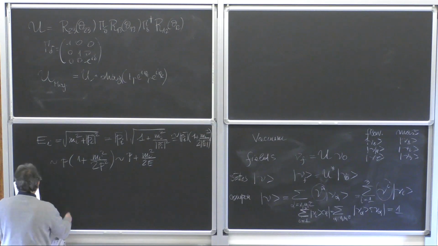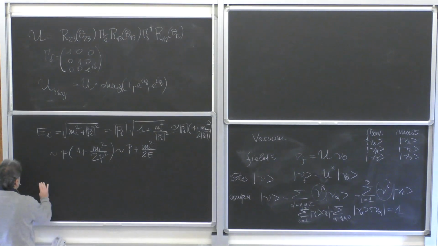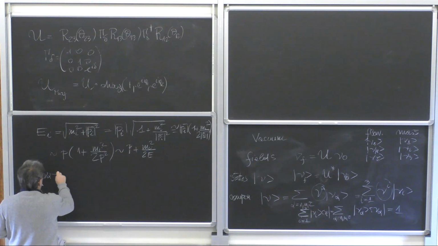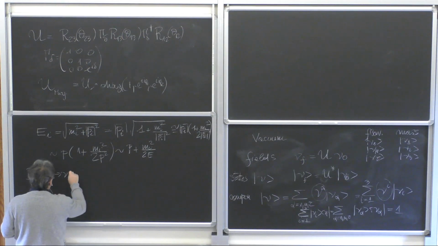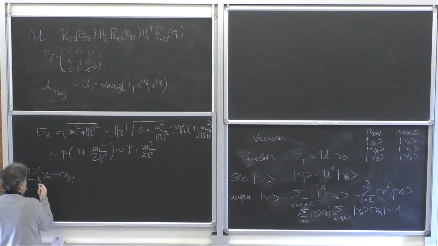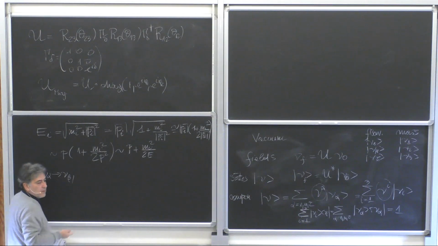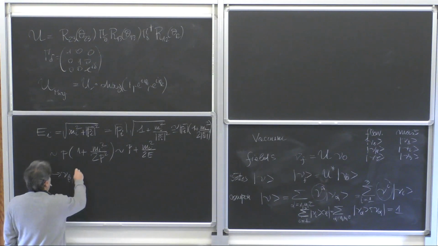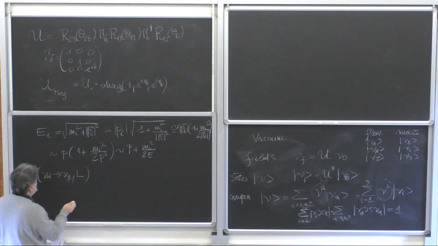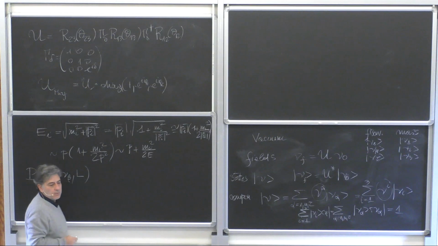So with this approximation, we are interested in calculating the probability that a neutrino that initially is of flavor alpha, after a distance L, is detected with flavor beta.